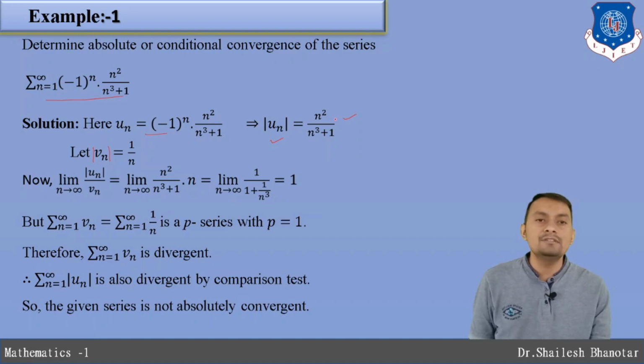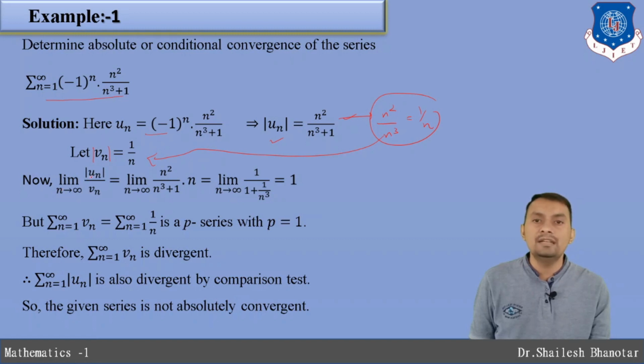The highest power in the numerator is n square, and the denominator contains the highest power n cube, so from this we can say Vn is 1 by n. Now we apply the limit comparison test.